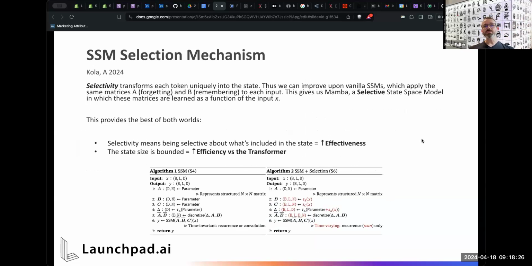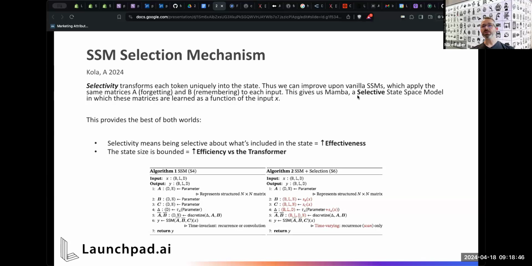So what's the selection mechanism here? Because it's a key part of selective state space models that Mamba is. So the selectivity transforms each token uniquely into the state, so we can improve upon the vanilla state space models, which apply the same matrices A and B to each input.